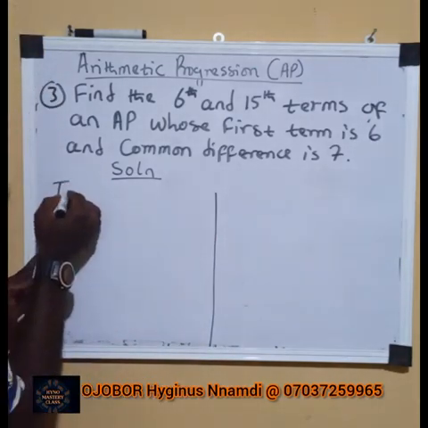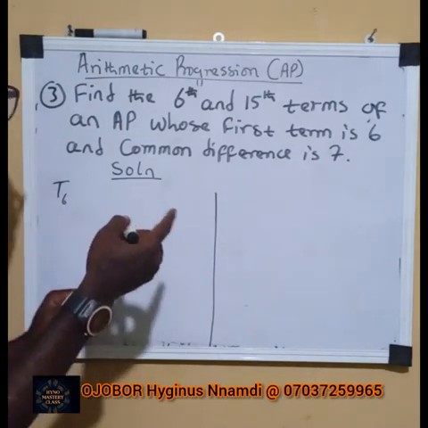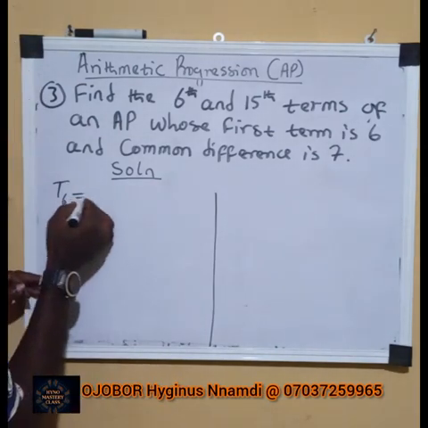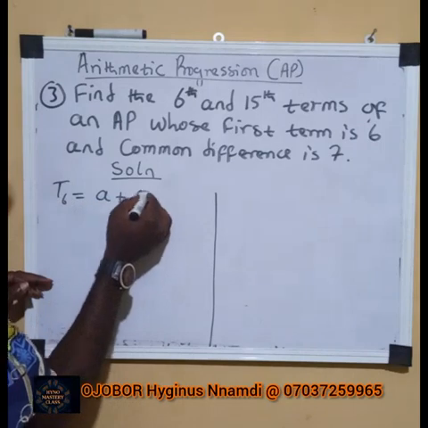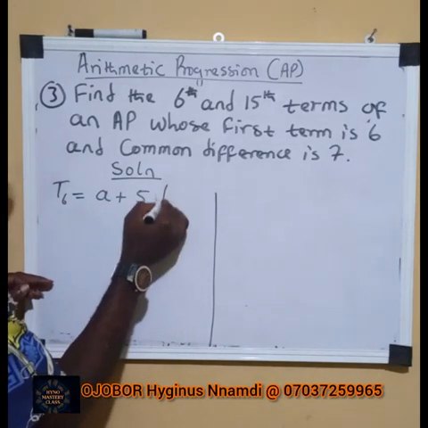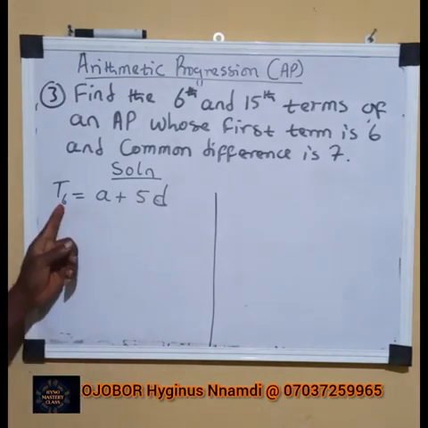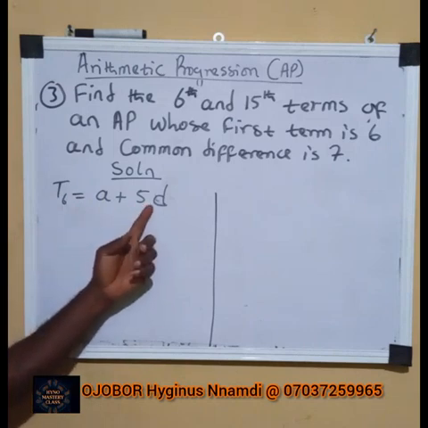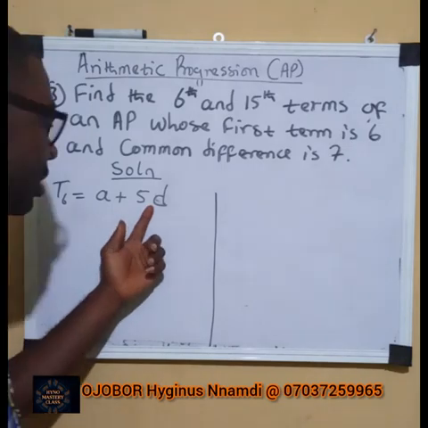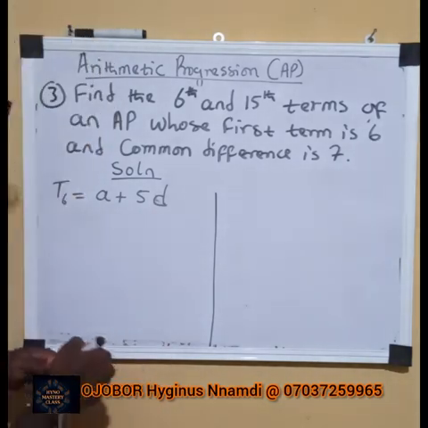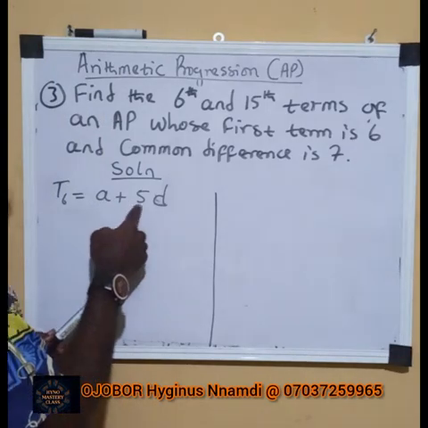So if this is T6, instead of using the formula a plus n minus 1 d, I can just use a plus 5d, knowing that the coefficient of the common difference is 1 less than this n. So when n is 6, the coefficient of the common difference will be 5 for an arithmetic progression. So T6 is a plus 5d.